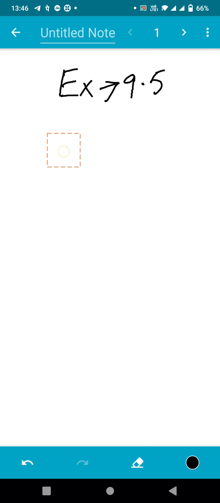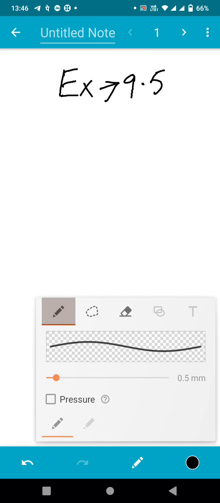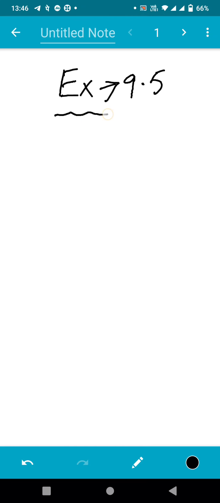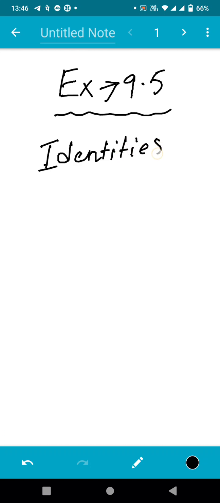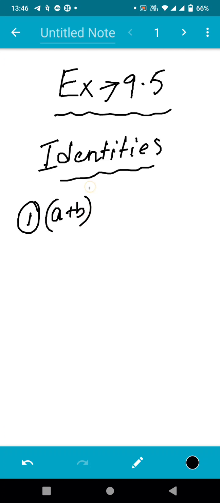So the two identities that we'll use today, the first one is (a plus b) whole square, and this would be a square plus 2ab plus b square.